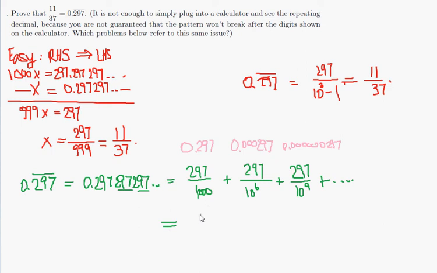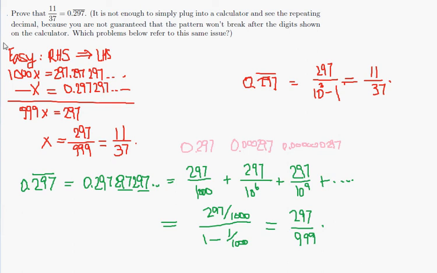This is an infinite geometric series. The first term, of course, is 297 divided by 1,000. The common ratio is 1 over 1,000, because you multiply by 1 over 1,000 to go from one term to the next. And then this simplifies as 297 divided by 999. And so that is the answer.